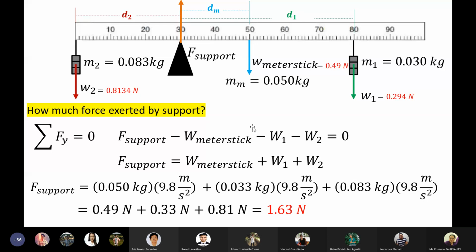So what we are going to do is use the second condition of equilibrium to determine the force.